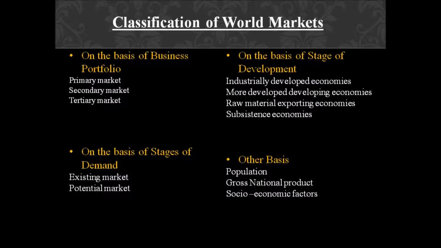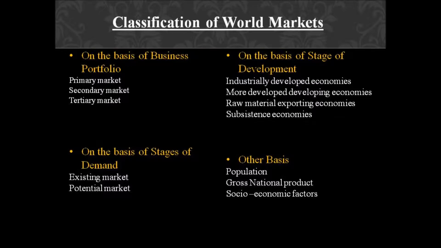Then the last area under the stages of development is subsistence economies. This type of economy is found in the least developed countries. They almost produce nothing and depend very much on imports in all aspects.